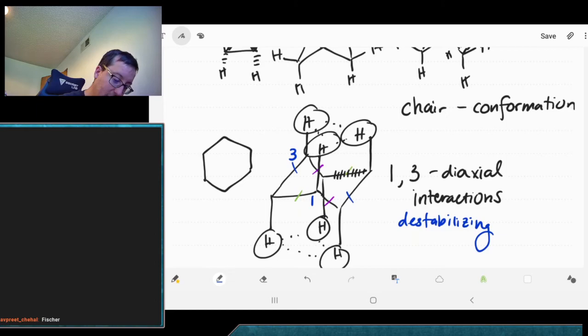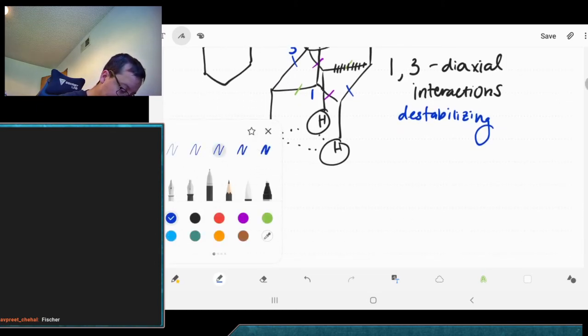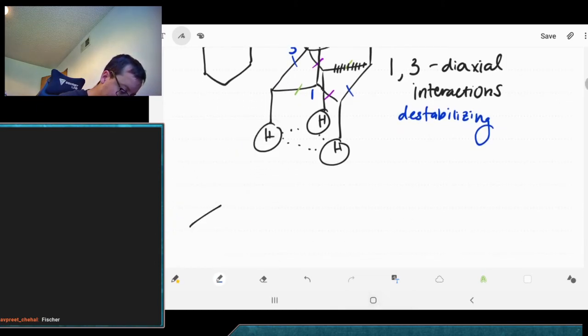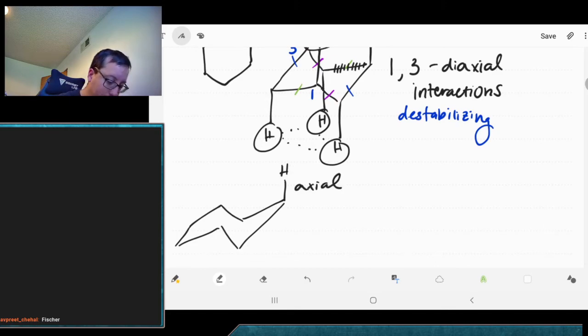By contrast, those are what are called axial positions. I always draw that one too short. These guys are axial. They are an axis. The other one is called equatorial.